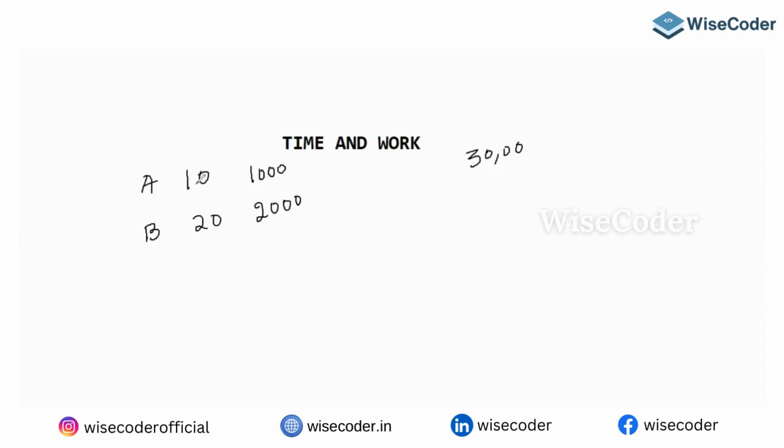It doesn't mean that because he's taking more number of days, he is the efficient one. When they are working together, obviously more work is done by A. So on what basis do you have to decide? Days is 1 is to 2.